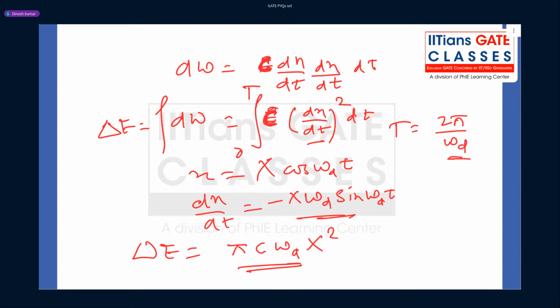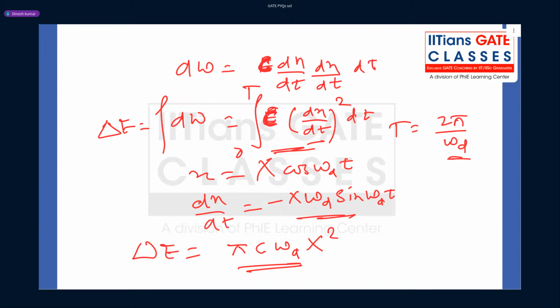This question is clear. For this derivation, you can refer to this or any other standard book. Now guys, don't ask me how this integration is done; you just substitute.